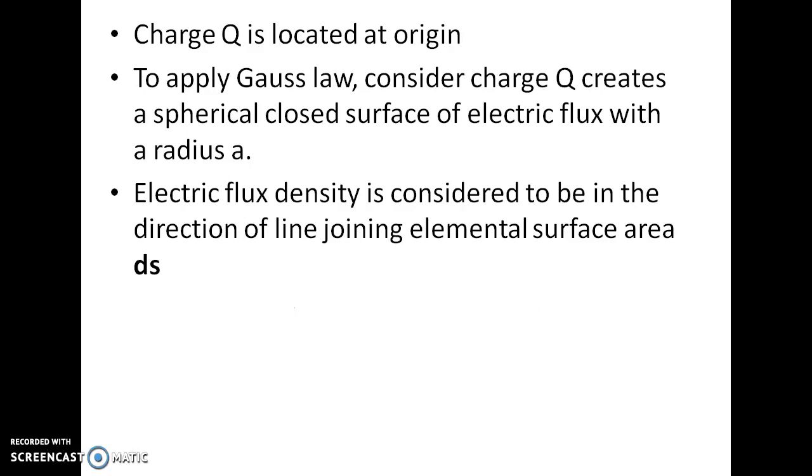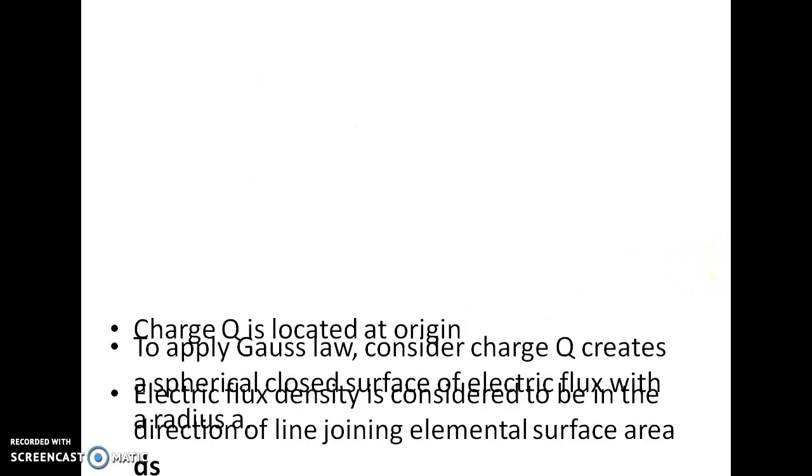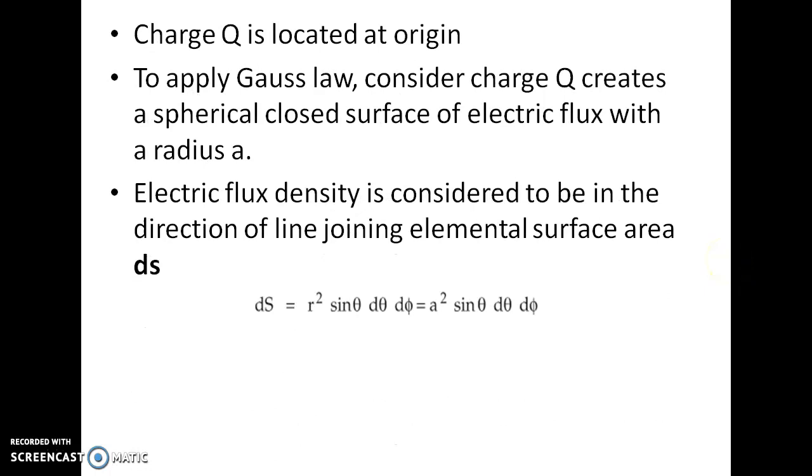If you see the diagram, the radius is taken as a, so ds is equal to a square sine theta d phi. The unit vector in the direction normal to the surface is a_r cap, so I can write the vector ds as a square sine theta d phi into a_r cap. I will take that as equation 1.